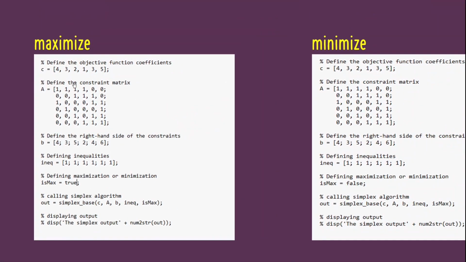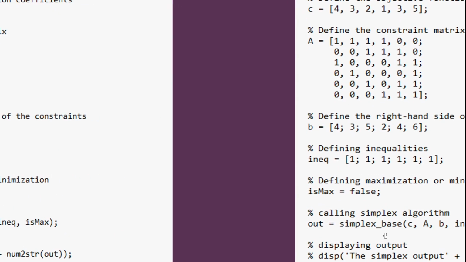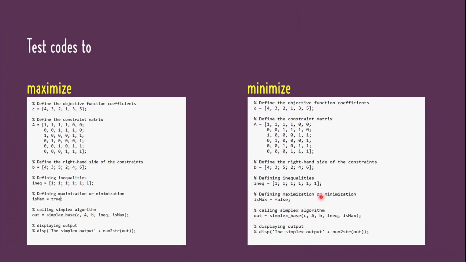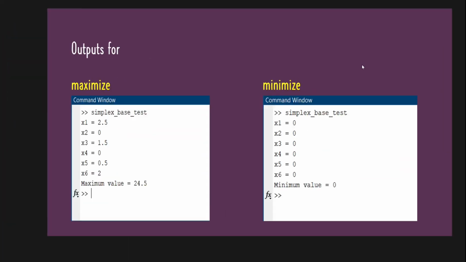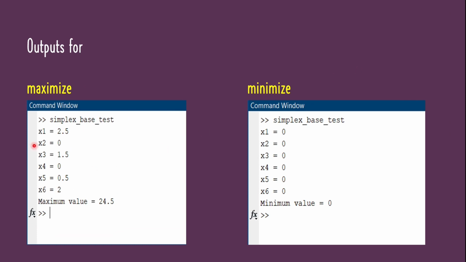So like this we can define the maximization problem, and the same code is converted into a minimization problem if ismax is false. So let's see the outputs of this code for this problem. Finally we got the values. The maximum value of the six variable simplex problem is 24.5 and the minimum value is 0. Like this we can solve various problems using this code.